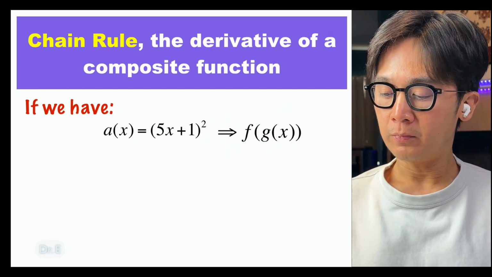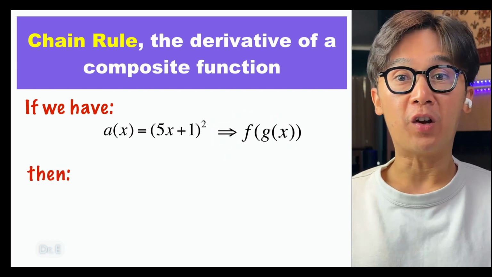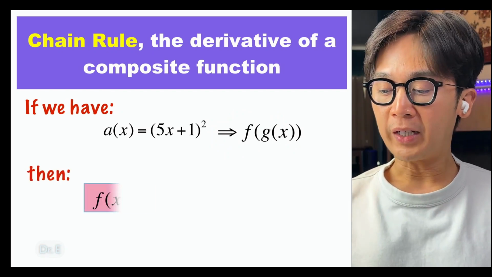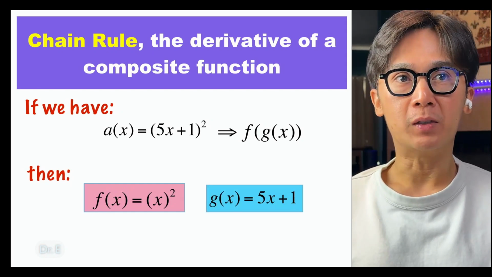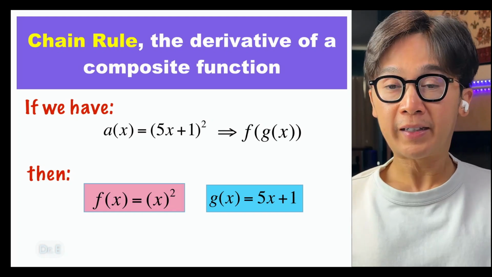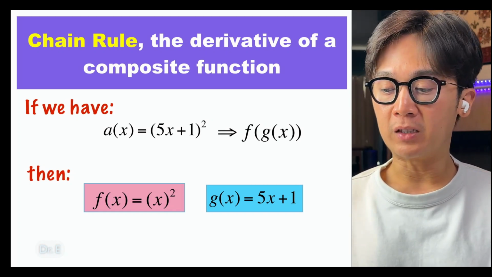So we have f of g of x, which is our a of x. We know that f of x is x squared and g of x is 5x plus 1. This is the basic skill that you need to be able to use the chain rule in finding the derivative of a function.